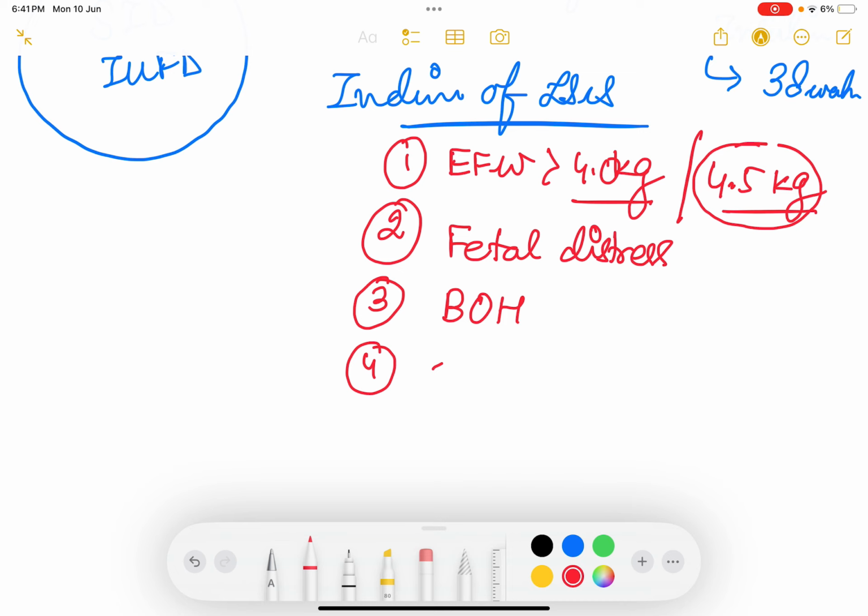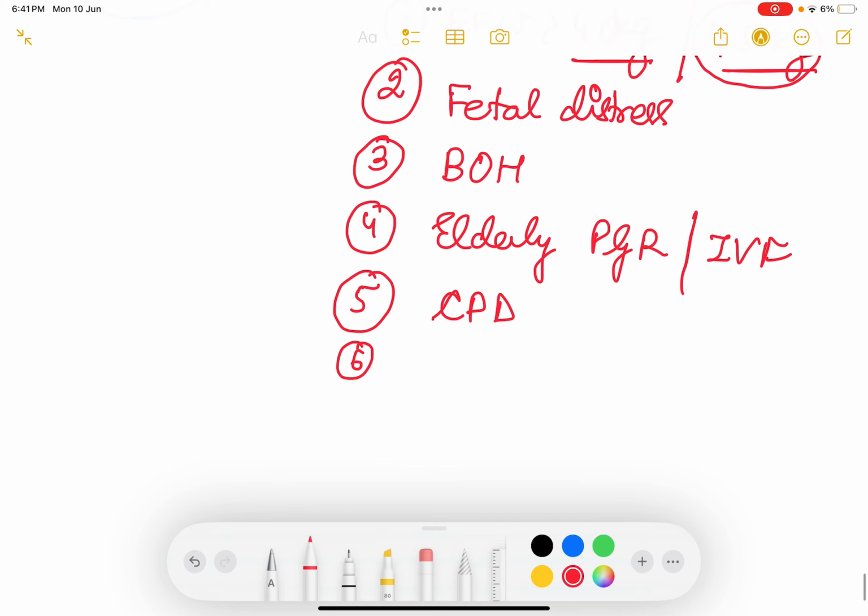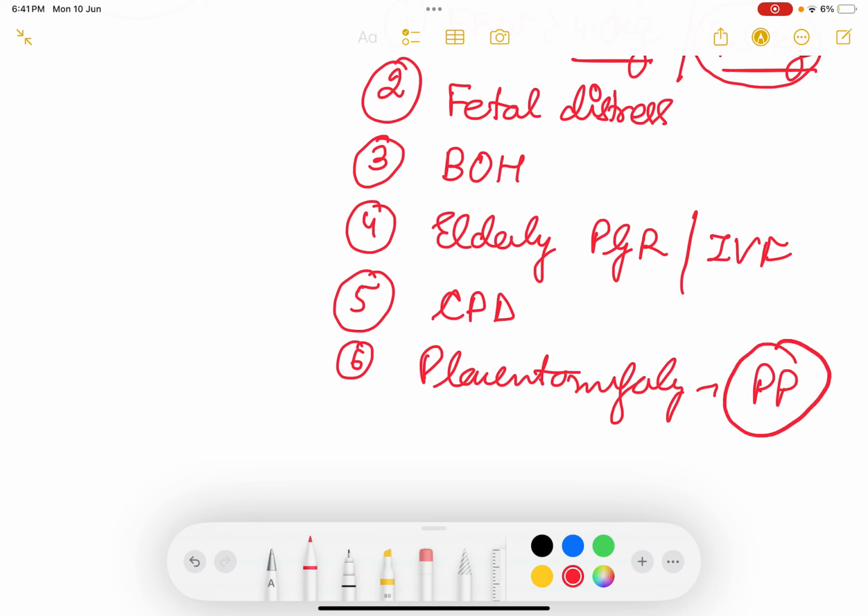Or if there is an elderly primigravida, she had an IVF pregnancy and conceived after a much precious pregnancy, then we can go for cesarean section. Or if there is cephalopelvic disproportion or contracted pelvis. Or if there is placenta previa, placentomegaly because of diabetes landing up into placenta previa, then you have to go for cesarean section. Otherwise we go for normal vaginal delivery.